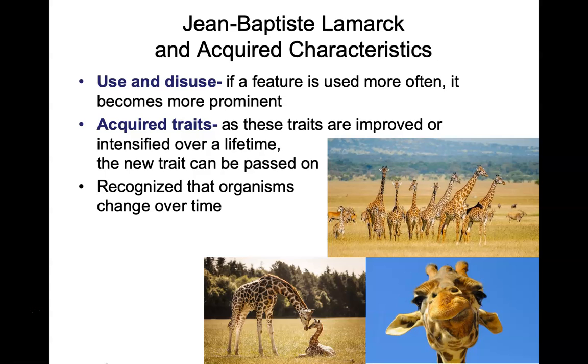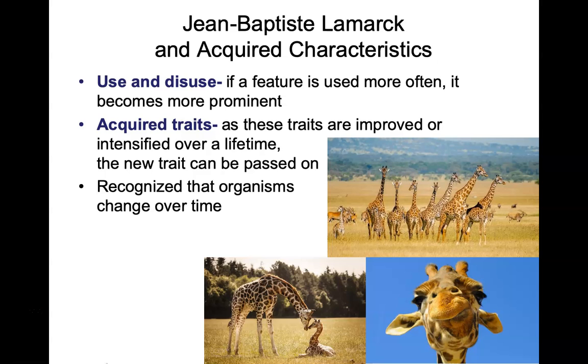But Lamarck was still important because he recognized that organisms can change over time, and when I say organisms, I mean groups of organisms. Groups of organisms are not static. They can actually change. So he recognized that if something was useful, it could be passed on to the next generation. He just didn't quite have the process figured out yet.